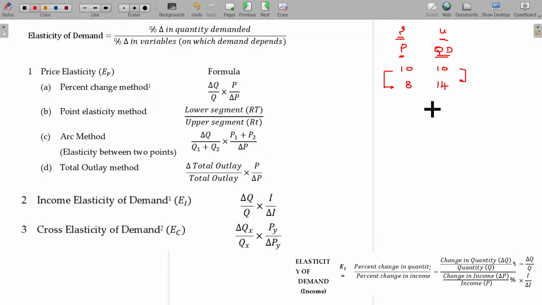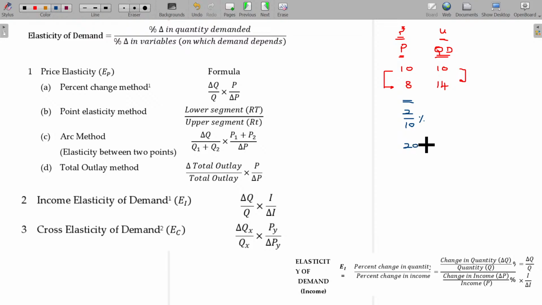Now, how much does the quantity demanded get affected due to the change in price? We can do it this way. There is a change of 2 rupees from the base of 10. It means a 20% change.